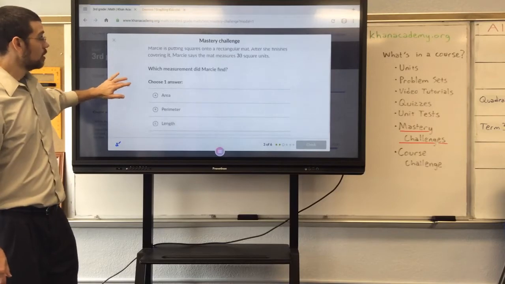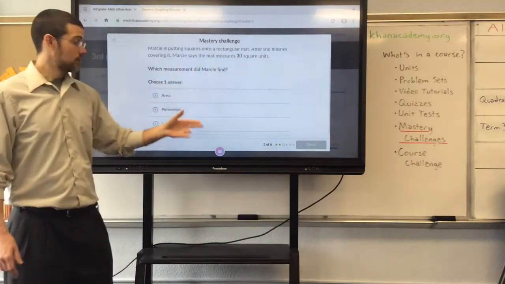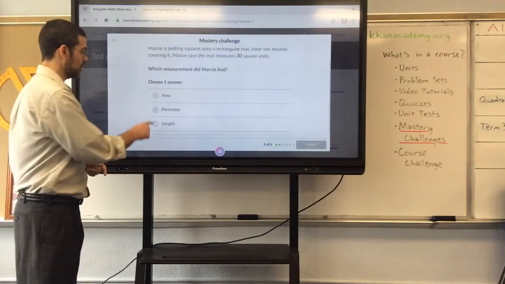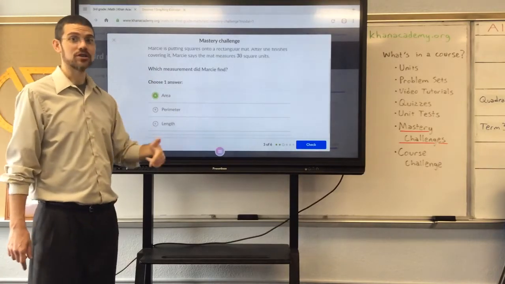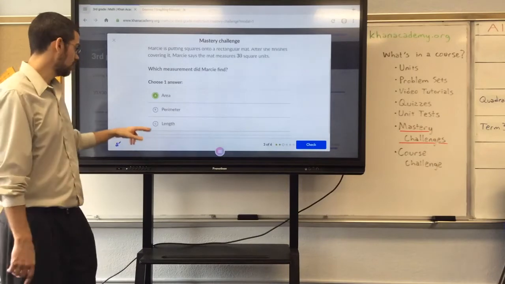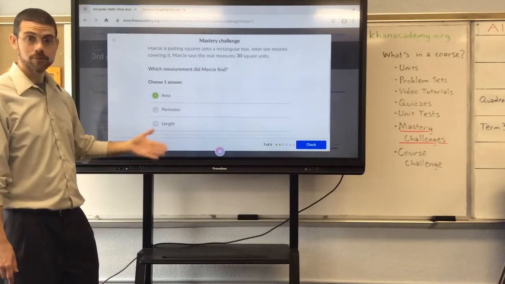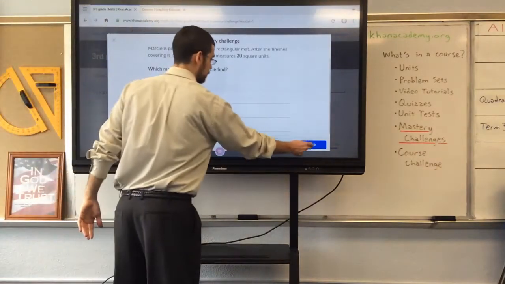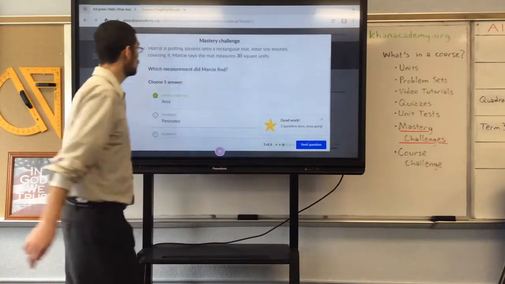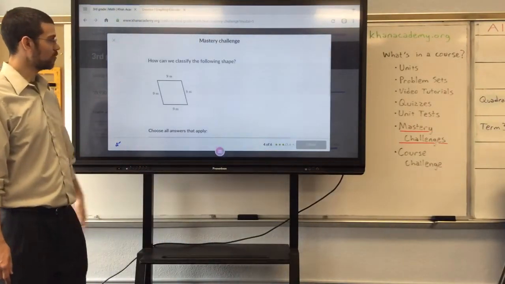Okay, so square units is a measurement of area. Perimeter is a distance, so that's not going to be square units, it'll be units to the 1st power, and length is like perimeter, a measurement of distance. How can we classify the following shape?